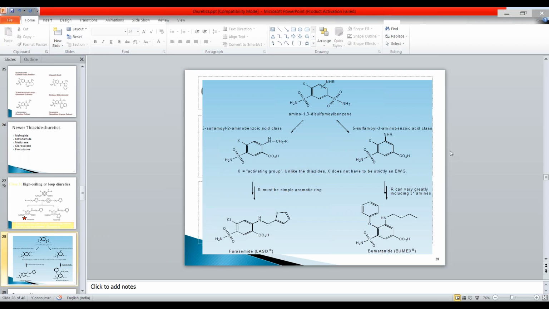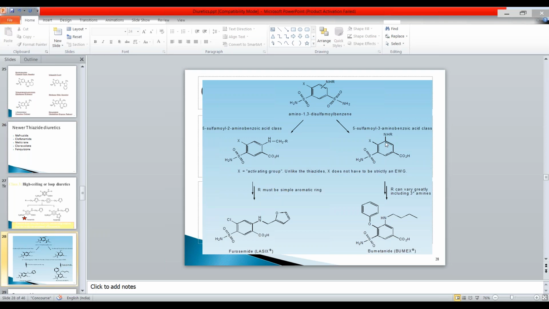Now, if you compare both the classes, you will see the numbering starts from this carboxylic acid group, COOH. Here it is the first position, first, second, third, fourth, fifth, and sixth. And in this case, it is 5-sulfamoyl 3-aminobenzoic acid. Here the numbering starts at this position.